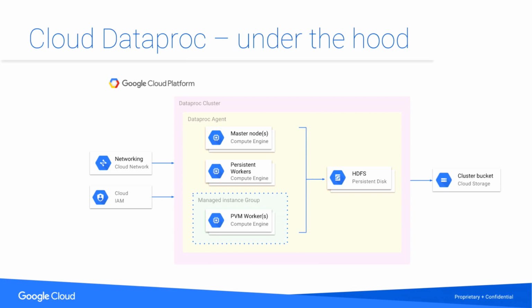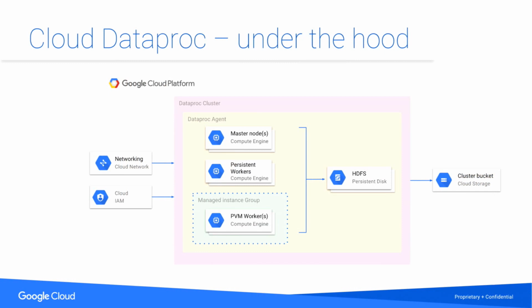It's built on top of Compute Engine. We have various ways of setting up your cluster within Google Cloud Platform. The standard way is to have a master node and multiple worker nodes. We also have high availability, wherein you can have multiple master nodes and then you have worker nodes. All of them are Compute Engine based.